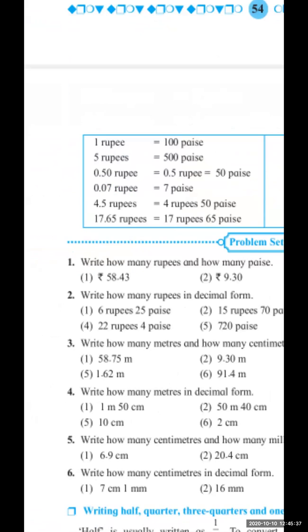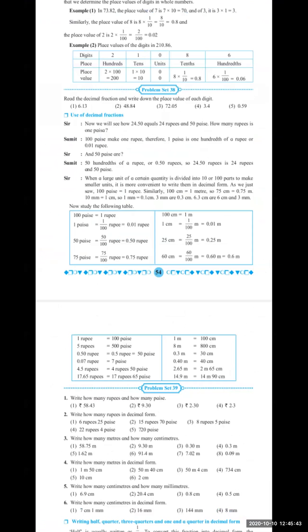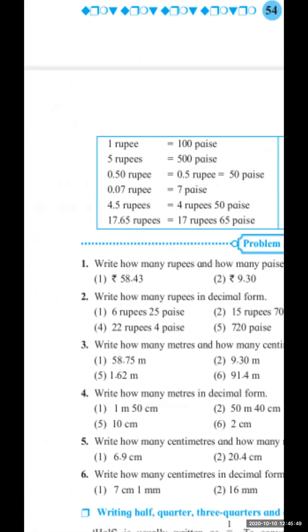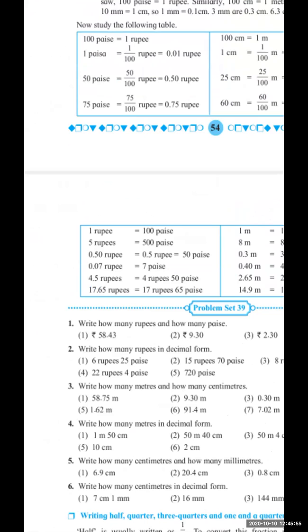So our first example is, rupees 58. Problem set 39. First read the question: write how many rupees and how many paise. We have to tell how many rupees and how many paise are there.